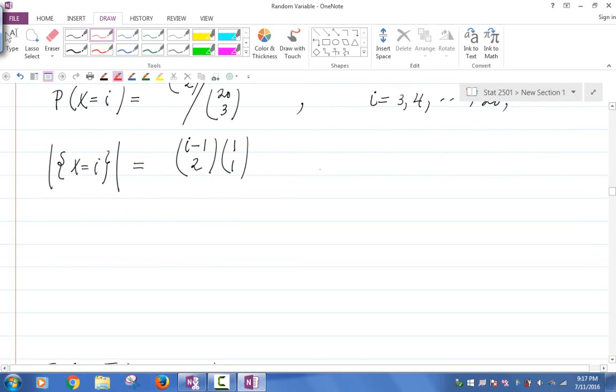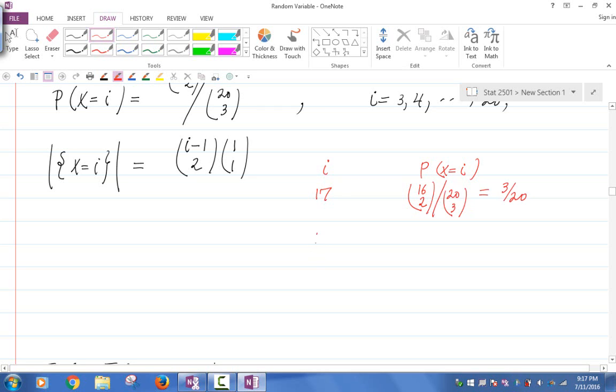Let's take I and the probability that X is I. When I is 17, the probability would be 16 choose 2 divided by 20 choose 3, which is 3 over 20.